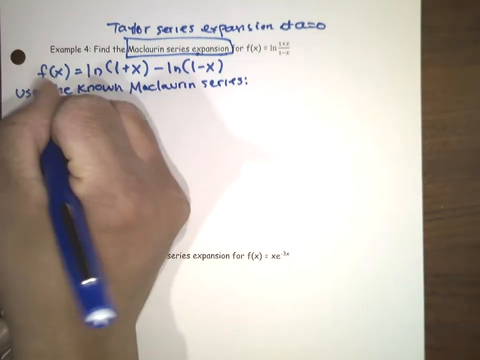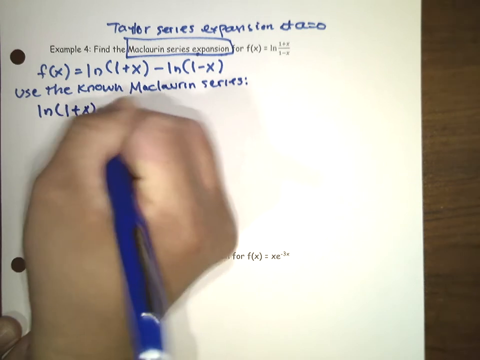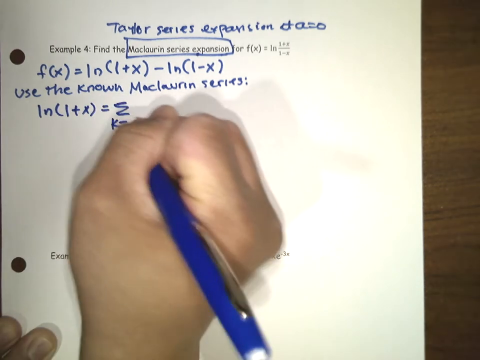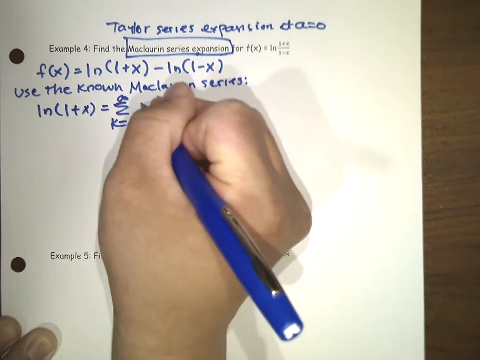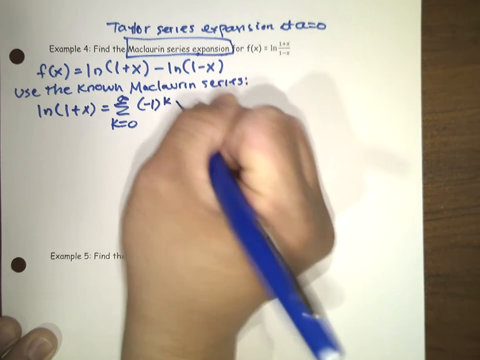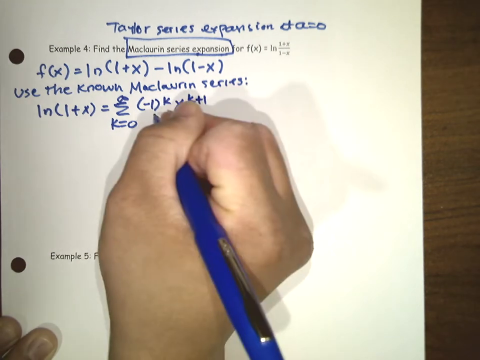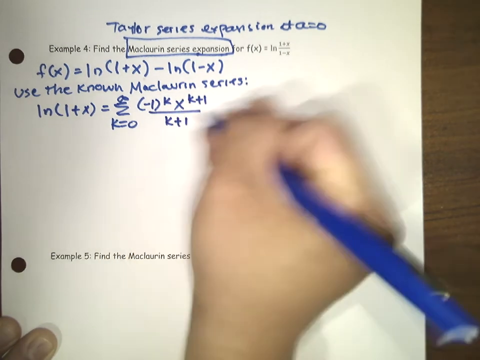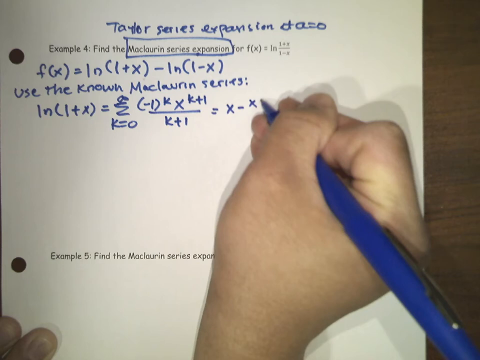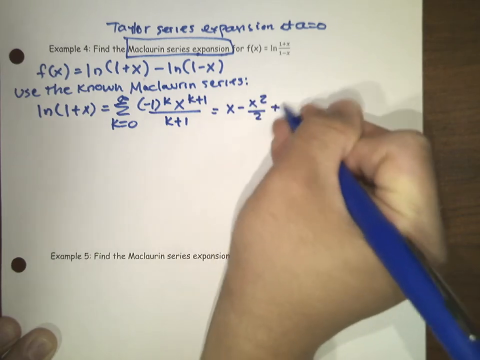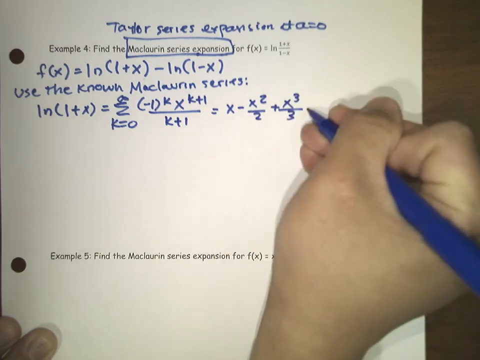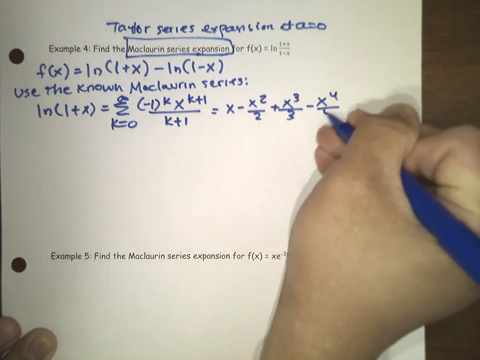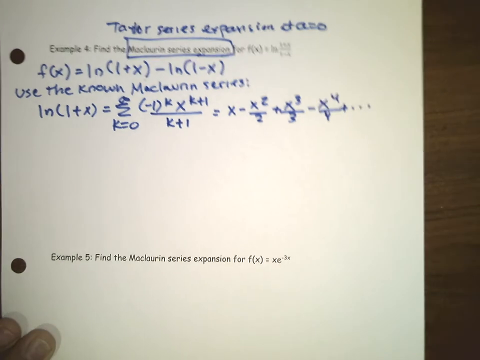So the natural log of 1 plus x is the sum k equals 0 to infinity of negative 1 to the k, x to the k plus 1 over k plus 1. So this is x minus x squared over 2 plus x to the third over 3 minus x to the fourth over 4, and so on.